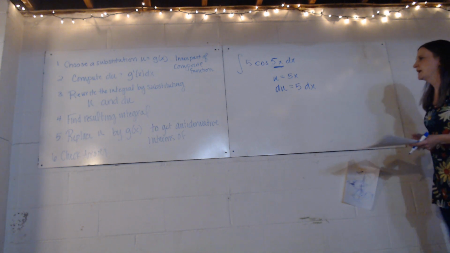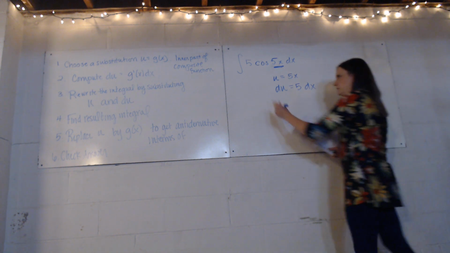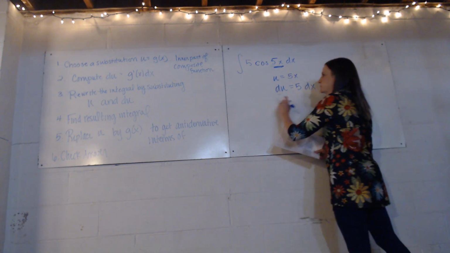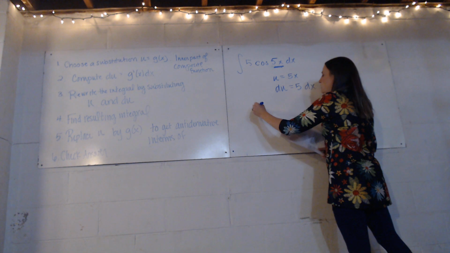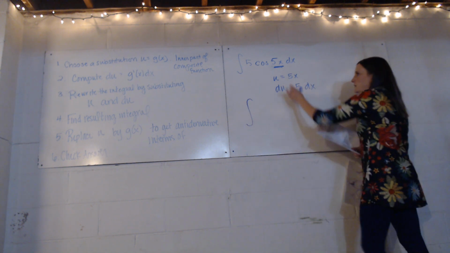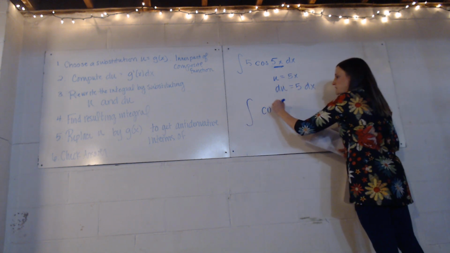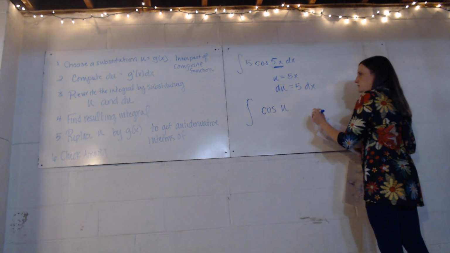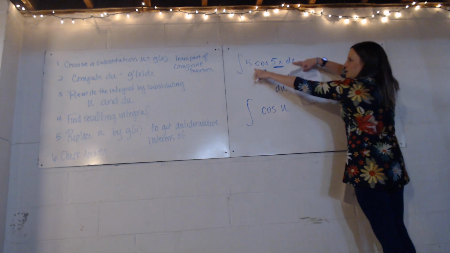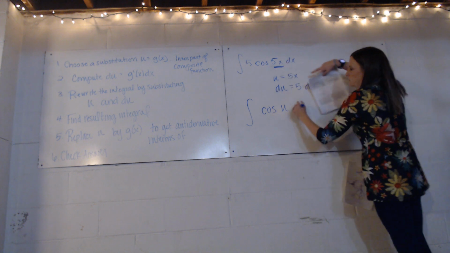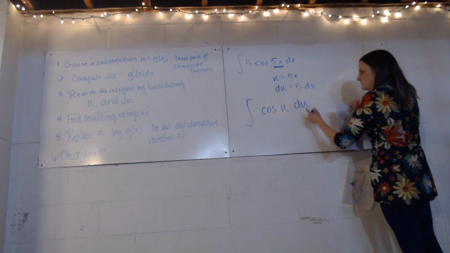Then I'm going to substitute in. Okay, so I'm taking the cosine of u. du is 5 dx, which I've got here, right? 5 dx, with respect to u, and that's it.